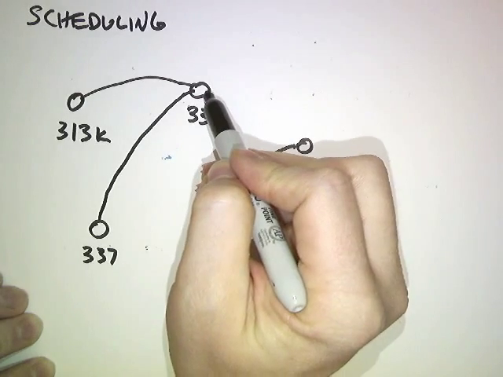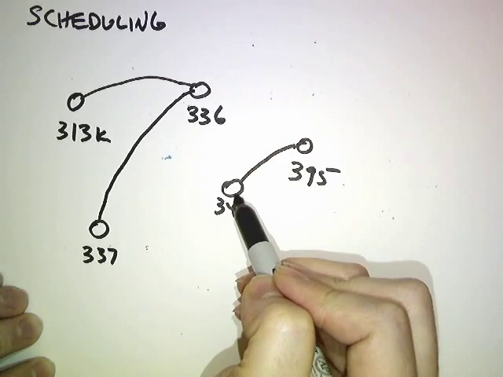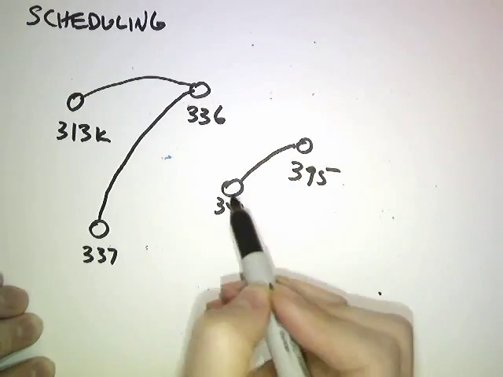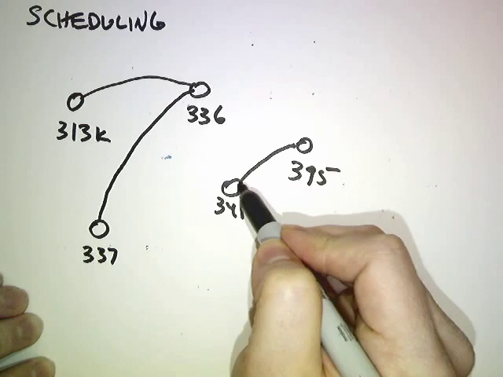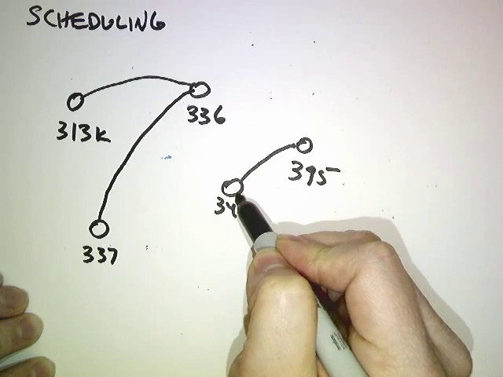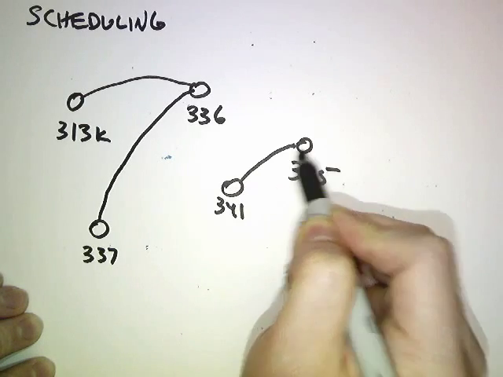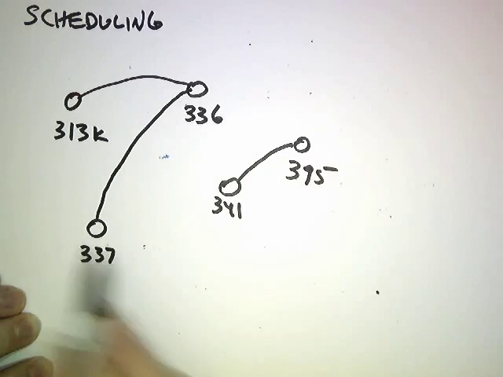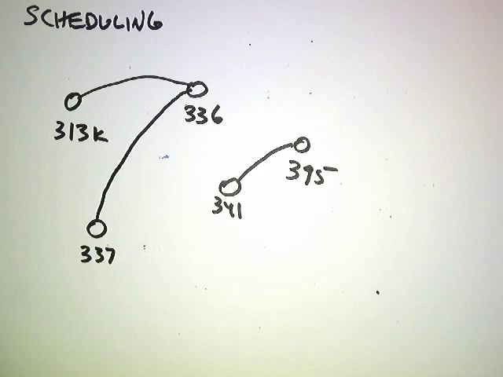It's okay to schedule 336 at 1 p.m. and 341 at 1 p.m. because there are no students taking both 336 and 341. Again, if we scheduled 341 at 2 p.m. and 395 at 2 p.m., that would be no good because it would create a conflict for these students. But we'd like to schedule all of these courses using the smallest number of time slots as possible.